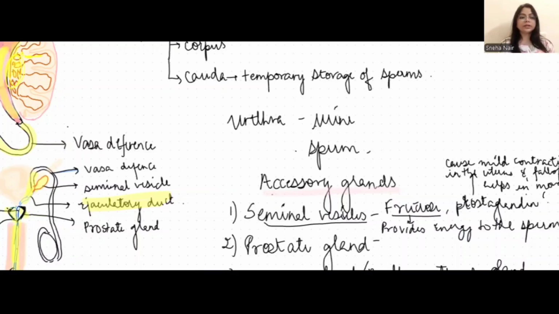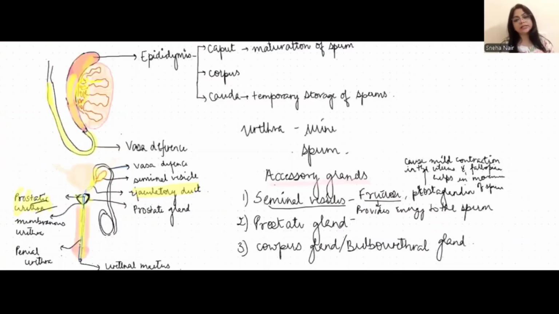All right. Now let's move to the next gland, that is prostate gland. So prostate gland is this gland, triangular in shape, and it releases an alkaline secretion. What is the role of this alkaline secretion?